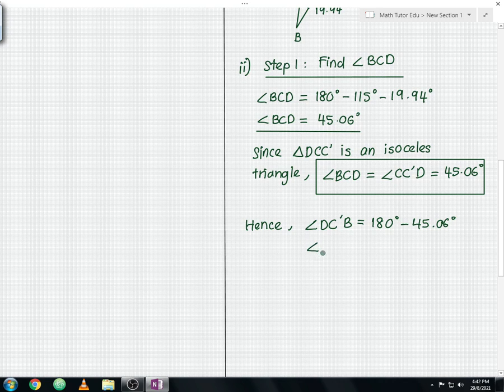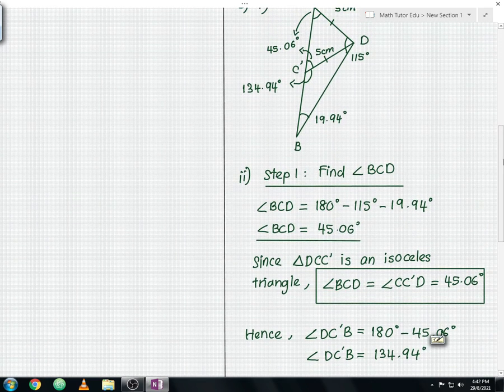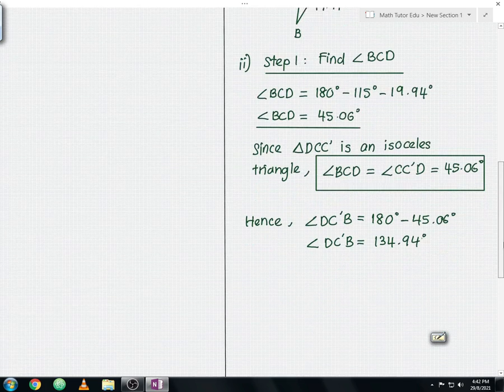So from here you get the angle DC'B is equal to 134.94 degrees. Okay, this 134.94 is over here, guys, where it is angle DC'B. So let me underline this too.